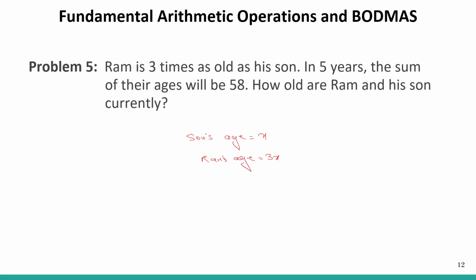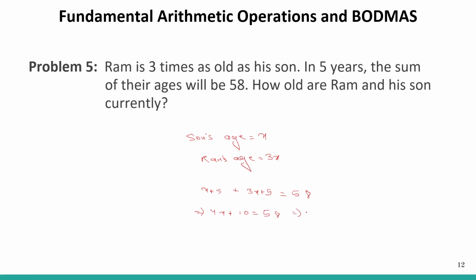In 5 years the sum of their ages will be 58. After 5 years the son's age will be x plus 5, and Ram's age will be 3x plus 5. Their addition will be 58, so this implies that 4x plus 10 is equal to 58.